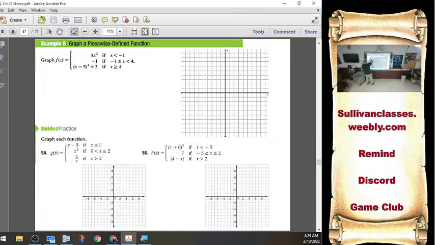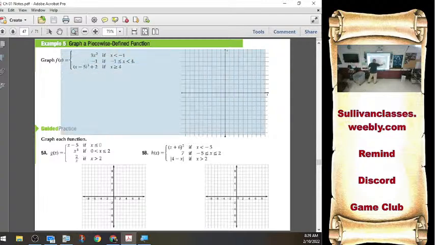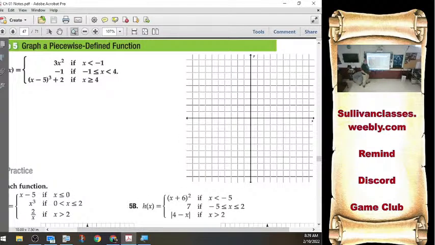Now, most of the time, I don't know about you, I have a hard time graphing things without starting at a specific point. Like, if I'm going to graph a quadratic, I want to start at its vertex, because my perfect square steps go from there. If I'm graphing a cubic, I want to know where the inflection point is and go from there.